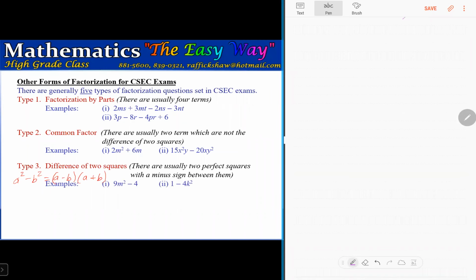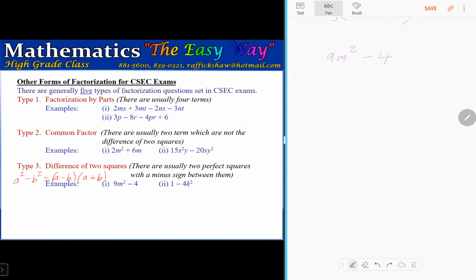So let's look at these examples now. The first example is 9m squared minus 4. This is a perfect squared number, and that's a perfect squared number. A person will say, oh, I must factorize and there's no common factor. It's because the difference of two squares is not the common factor method. There's no common factor there, but you have the difference of two squares.